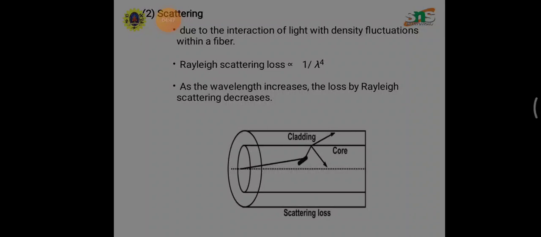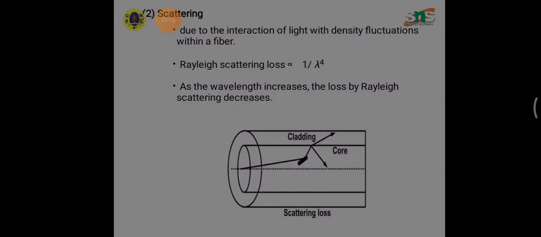There are two main types: Rayleigh scattering and Mie scattering. Rayleigh scattering contributes up to 90% of total light attenuation in optical fibers. It is a form of elastic scattering that occurs when light interacts with particles that are much smaller than the wavelength of the incident light.